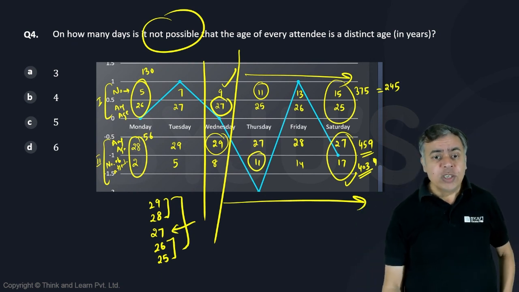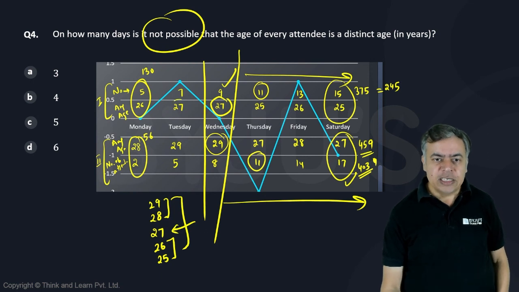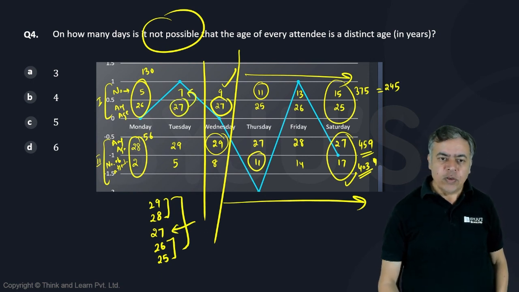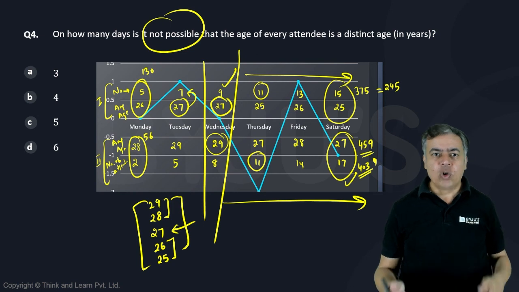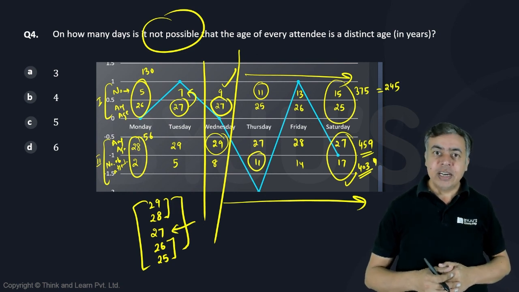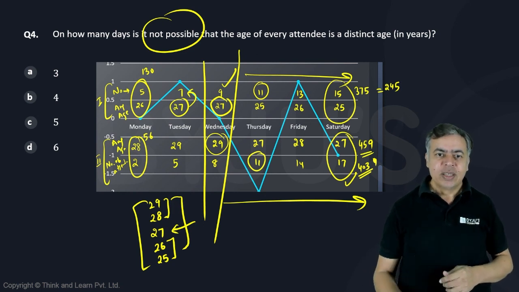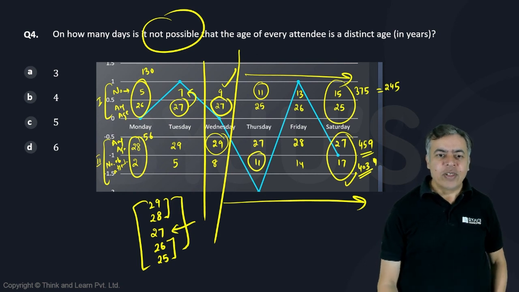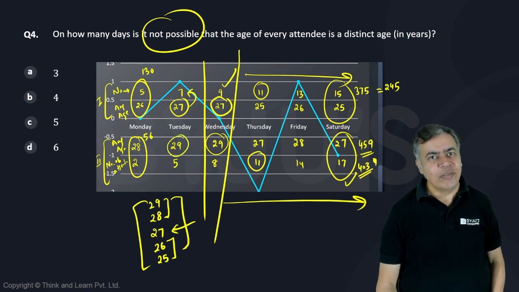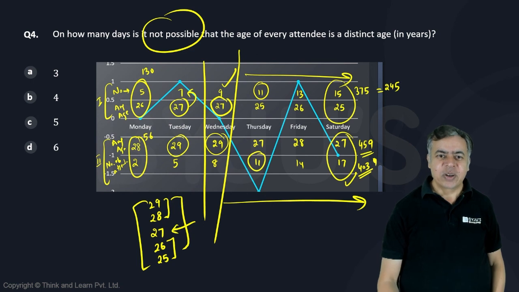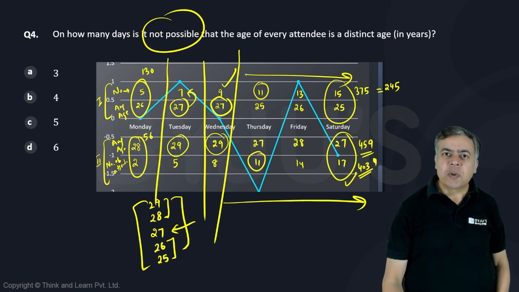The same thing happens with Tuesday also. We saw that with 27 we can have only 5 distinct ages if they are all in their 20s. And with 29 we cannot have more than 1 person having age 29. So that means this is also not possible.